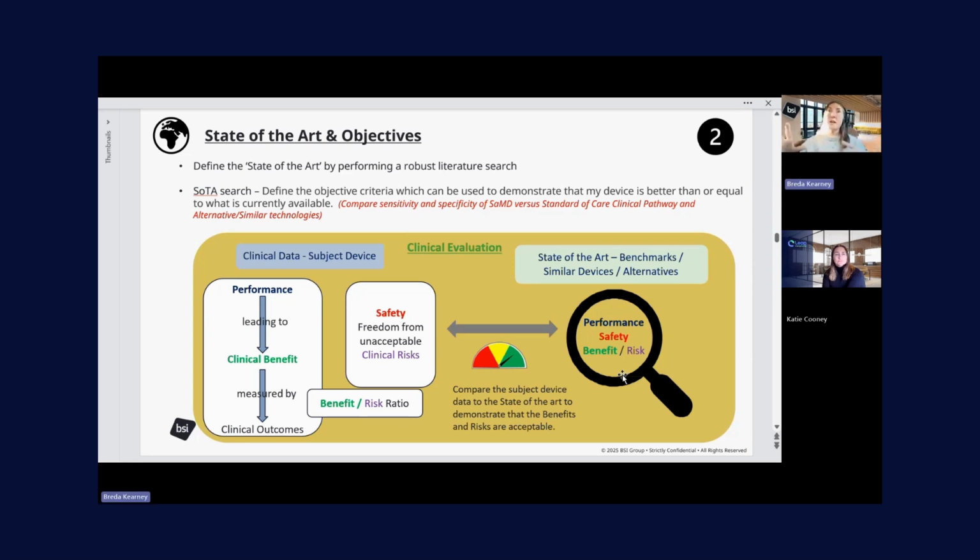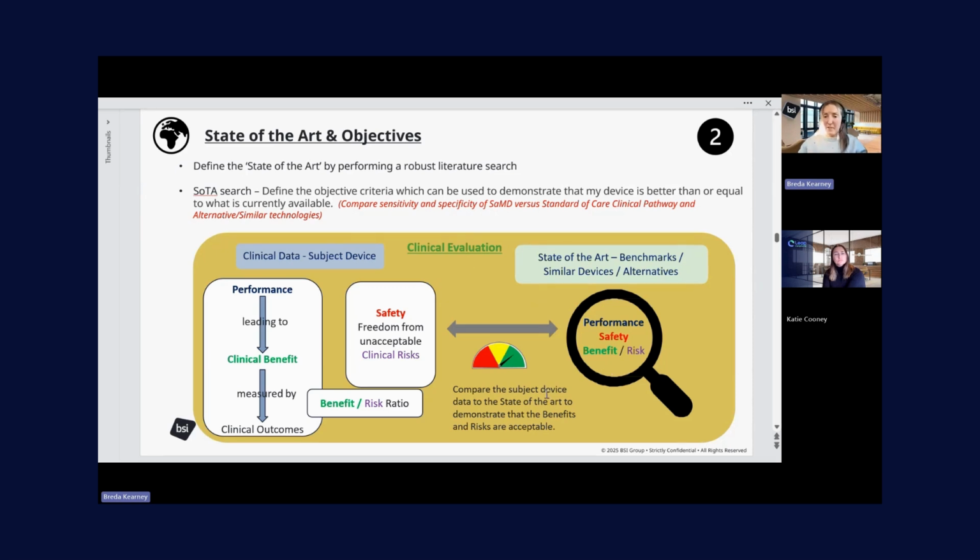You have to show that, looking at all of the different alternatives, similar devices, and what's existing, when I introduce my software, it performs at least as well, if not better, than everything else that's out there on the market. That's what your state of the art is all about.